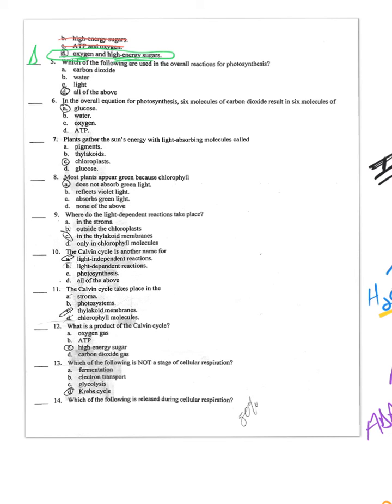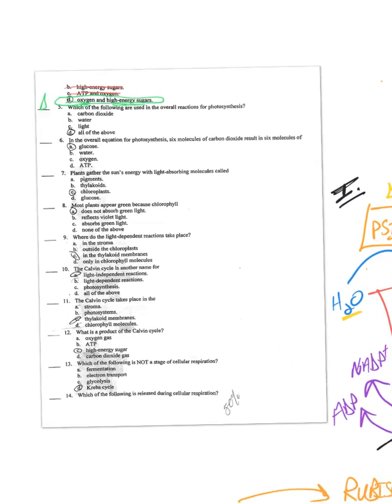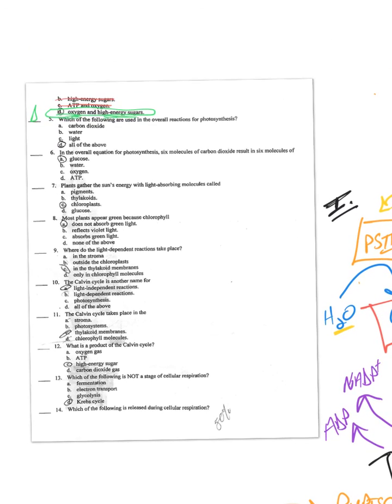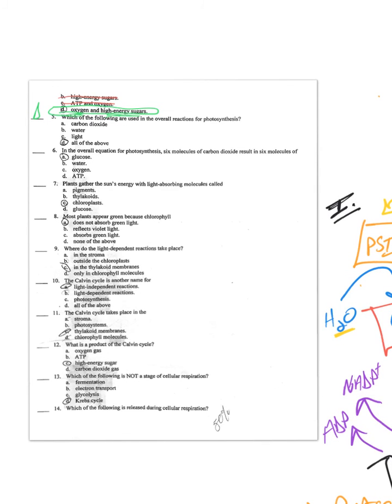All right. So the next question asks us the overall equation for photosynthesis and asks us how many molecules of each of these we're going to end up using. My suggestion is to go ahead and use the balanced equation for photosynthesis, and you can balance it yourself. However, let me just quickly write it out here.